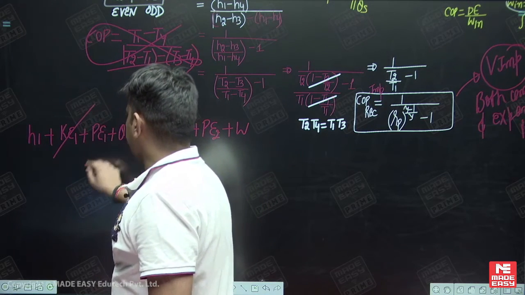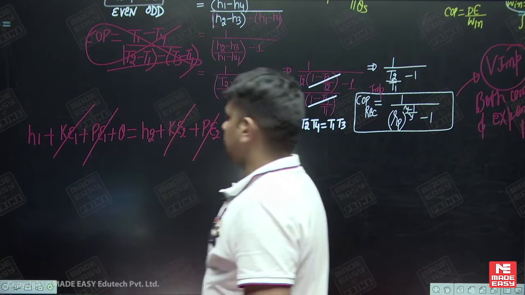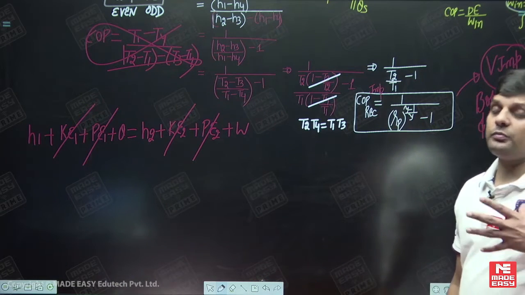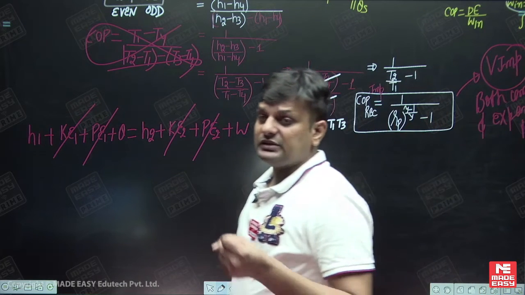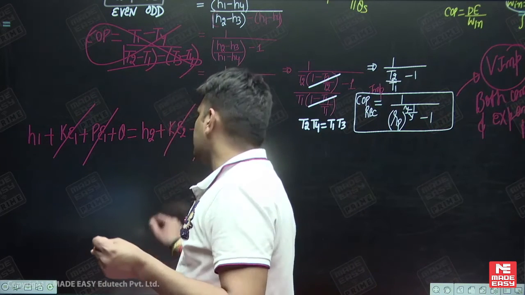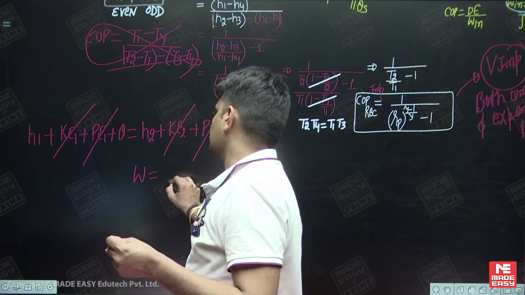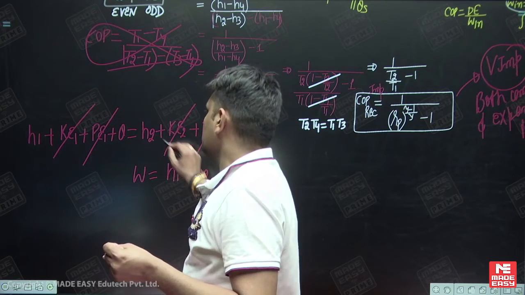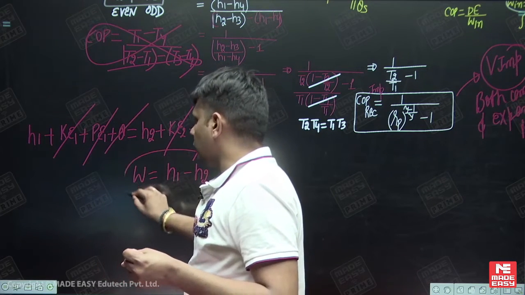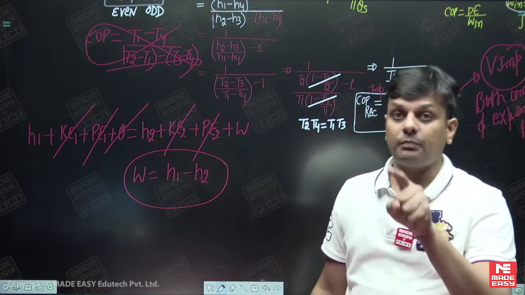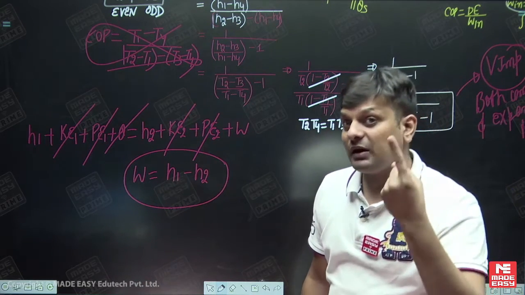So kinetic potential neglected. But what is the basic difference between polytropic and adiabatic? Adiabatic means heat interaction is equal to 0, and polytropic means heat interaction is not equal to 0. So if both compression and expansion are isentropic, that means reversible adiabatic.